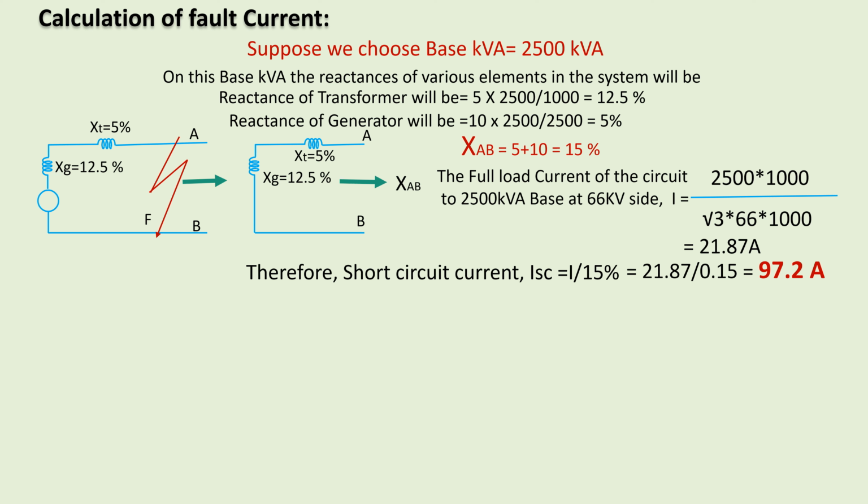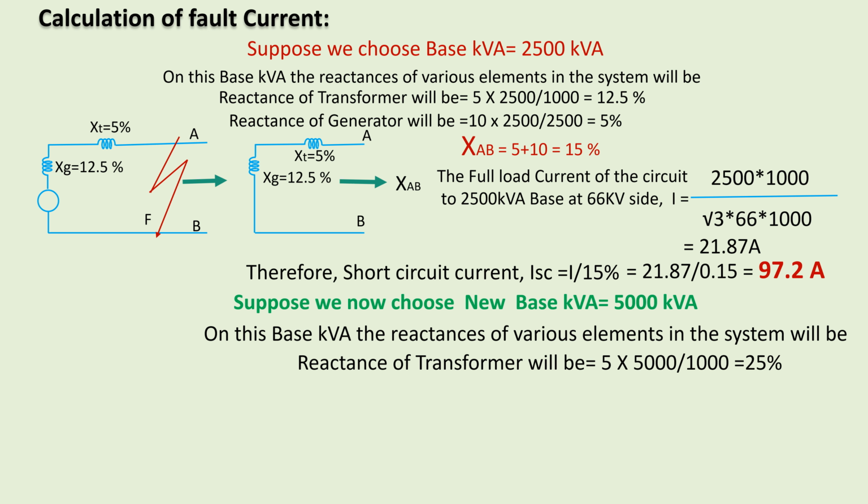Therefore, short circuit current ISC is equal to I by 15% is equal to 21.87 divided by 0.15 is equal to 97.2 amperes. Now, it will be shown that for any value of base kVA, short circuit current remains the same.